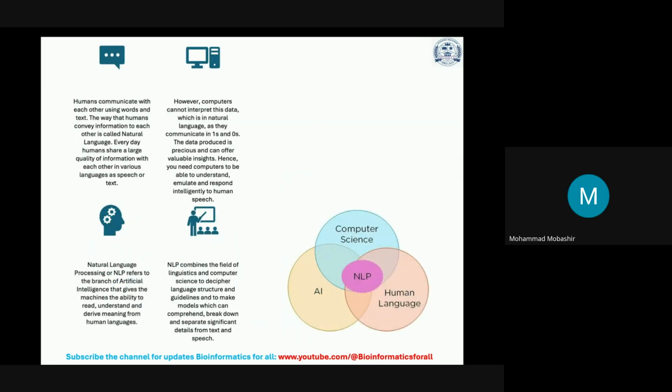Now, humans communicate with each other by using words and text. The way that humans convey information to each other is called natural language. Every day, humans share a large quantity of information with each other in various languages such as English, German, Spanish, Arabic, and many other languages.